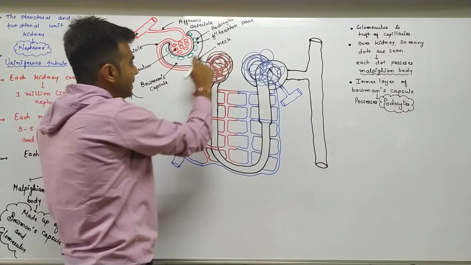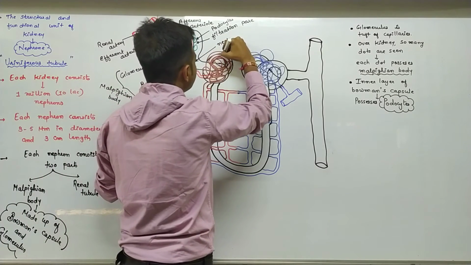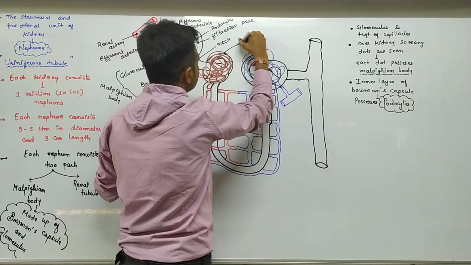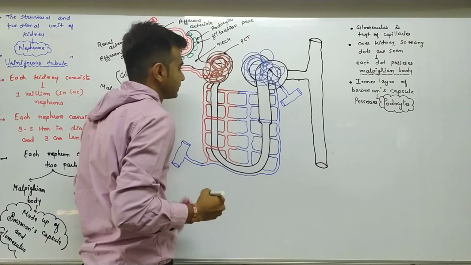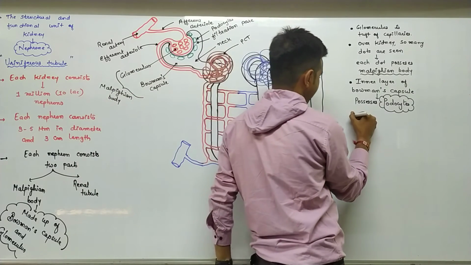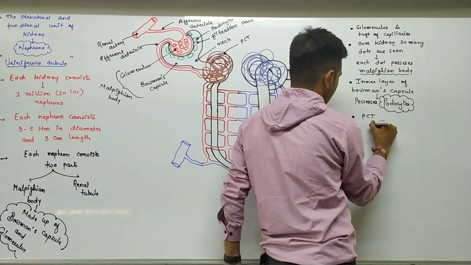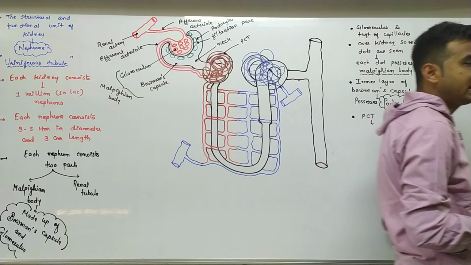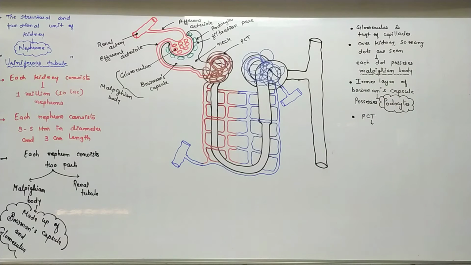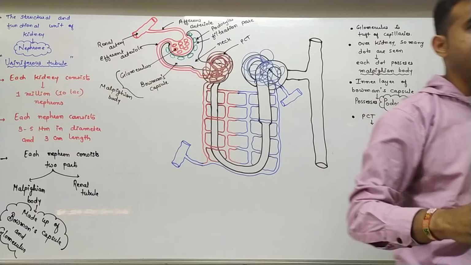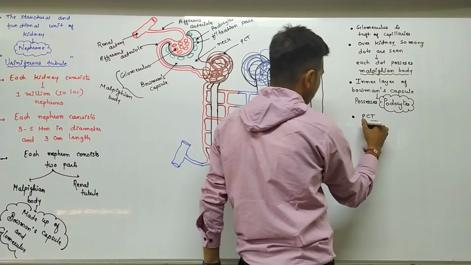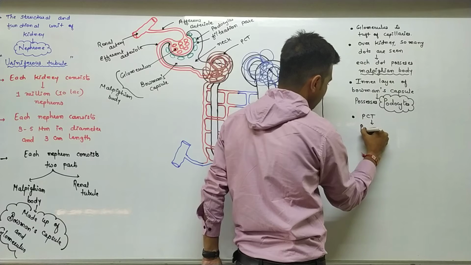Now the black color portion, the coiled region, is known as PCT. The full form of PCT is proximal convoluted tubule.